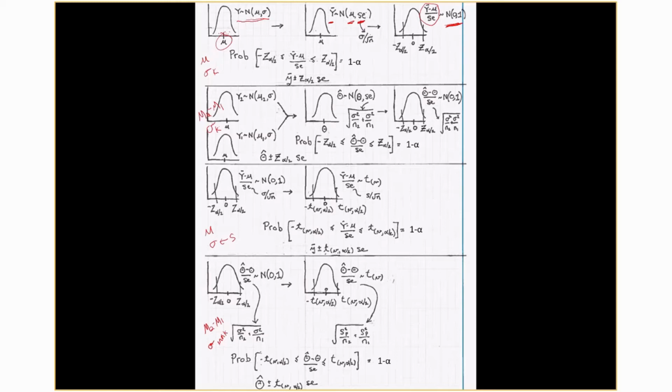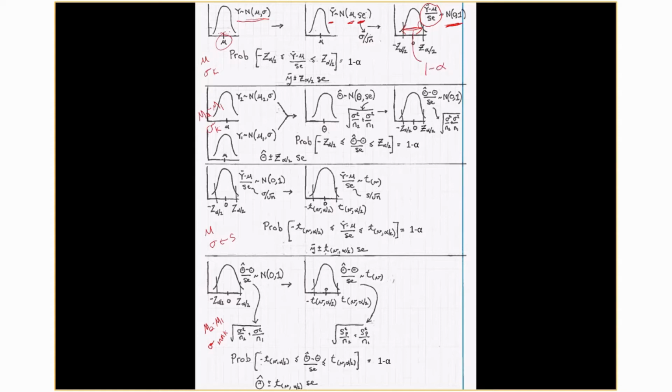So if we think about this particular value, and we've got these two values, minus Z alpha over 2, Z alpha over 2, where alpha is, we can think of it as being our permissible error, then we can say that the probability of a value like this lying within this range, plus or minus Z alpha over 2, is going to be equal to 1 minus alpha.